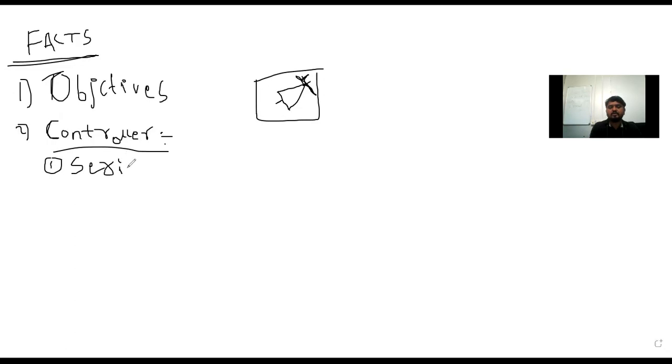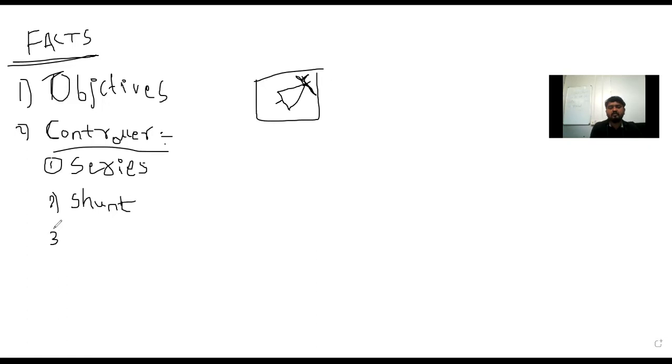Number two is called shunt controllers, based on the connection of the controllers.